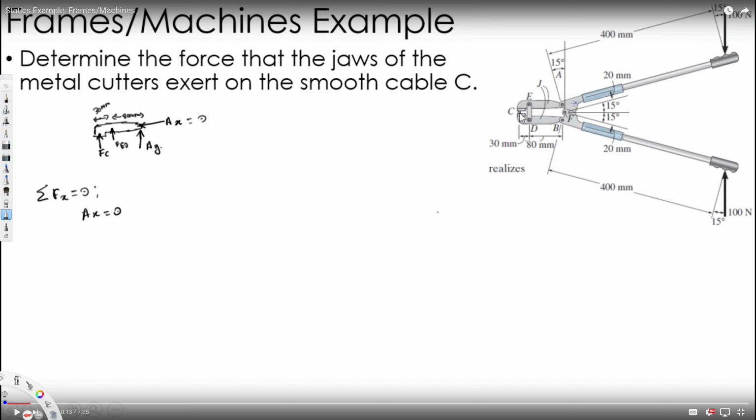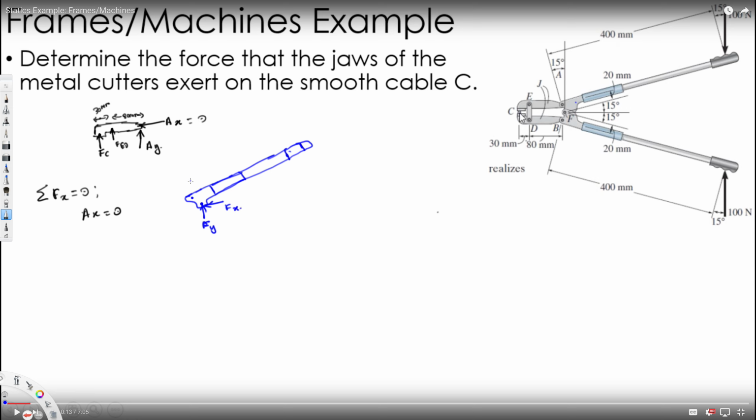I take this part from here and draw this one. It's going to be something like this. And this is my part right here, and we have this one right here. Also we have F in the middle. This is going to have two forces, Fy and Fx. Also we have A right here.